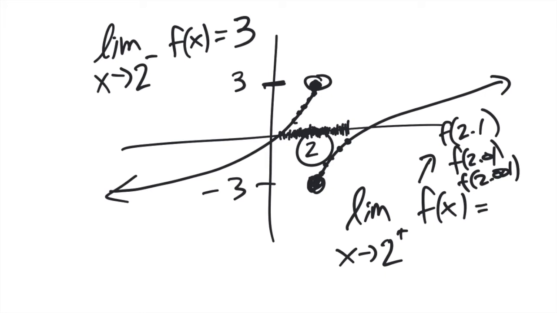What are they approaching or getting really close to? Well, f of x is getting really close to -3, even though there's an open circle there. It actually doesn't matter that there's an open circle. So something that we're going to see is that limits don't really care whether you have a hole or not. Limits don't really care about whether you have an open circle or a closed circle. We are just asking, what are you getting close to?